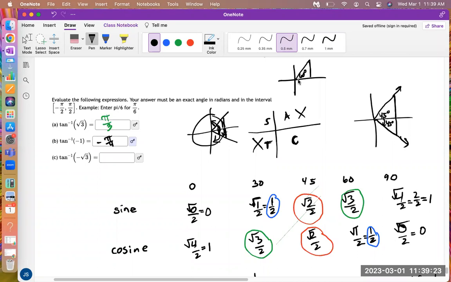Tangent is negative in the second quadrant, but they wanted us to report all the angles in the fourth quadrant here. The triangle that forms that same ratio has the same angle, but in this quadrant, and they don't want a number bigger than 90, so we have to say this is negative pi over 3.